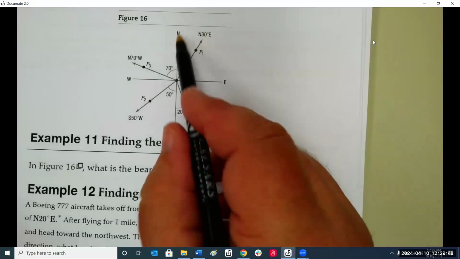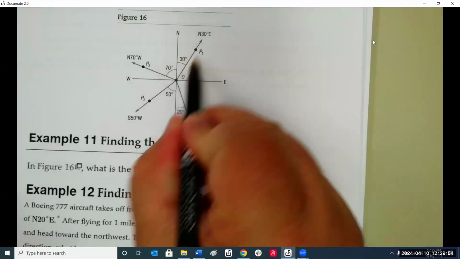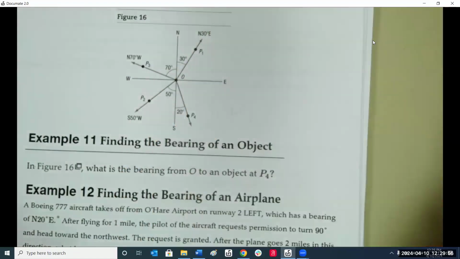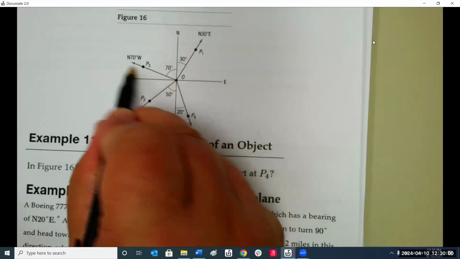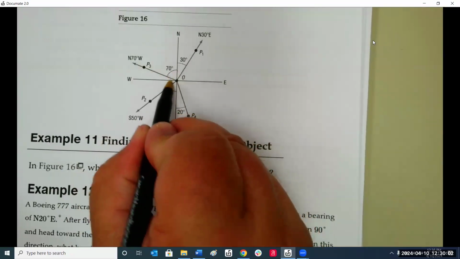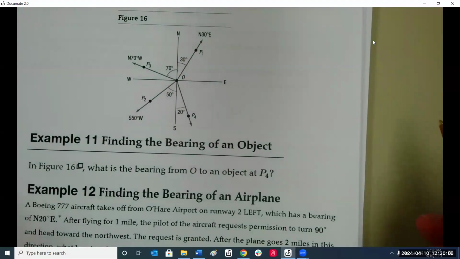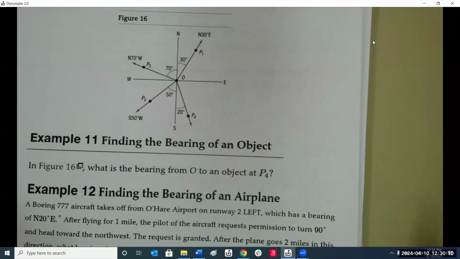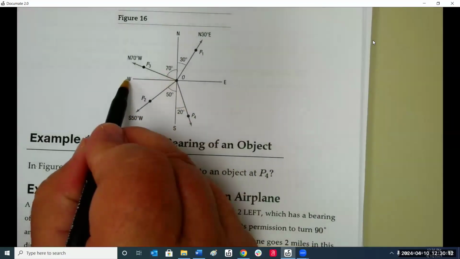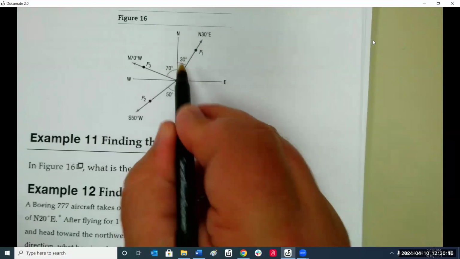From where the object is from the vertical axis. So this one, for example, is 30 degrees northeast. This one, the bearing is 70 degrees northwest. It'll be west northwest. So it's going west, but just a little bit up. And that's saying it's always referenced to the vertical axis.